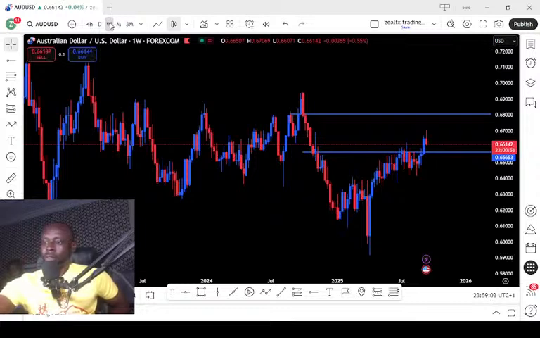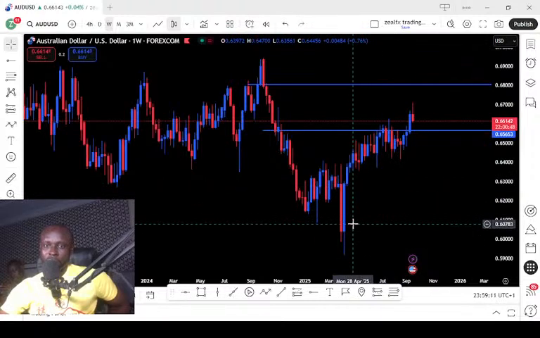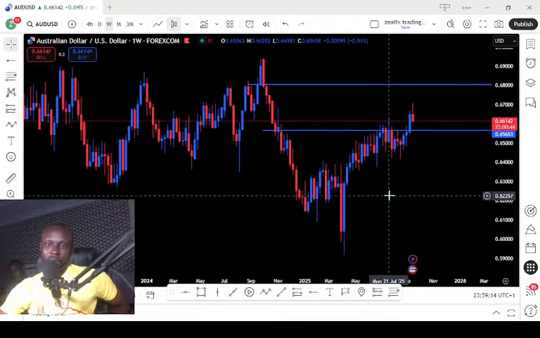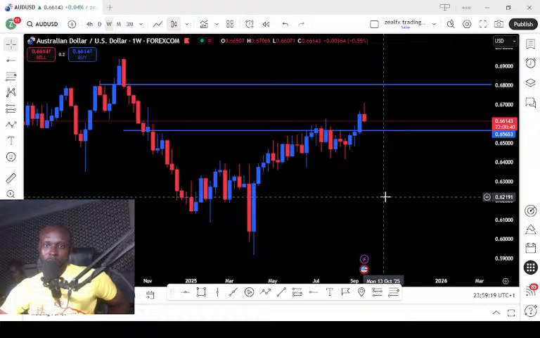So on the weekly chart, we have this uptrend structure on the Australia USD. We have a lower low, and we have a series of higher lows, which indicates a possible bullish move for the Australia USD.